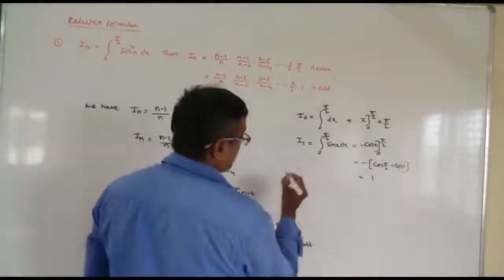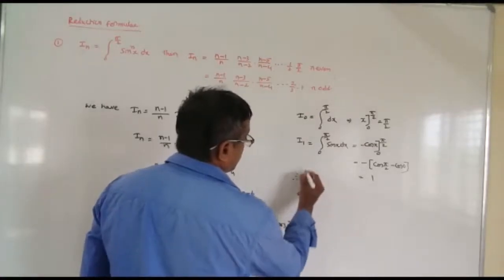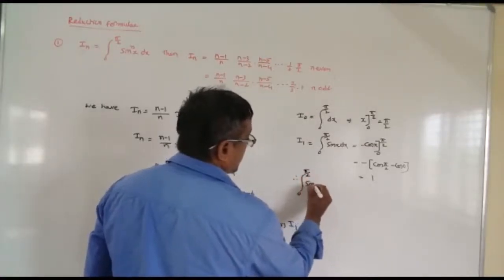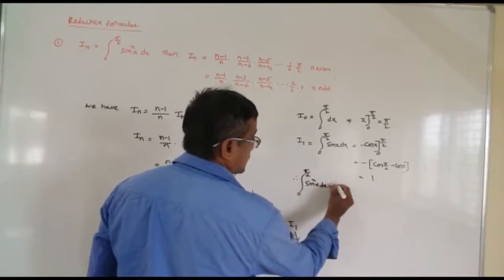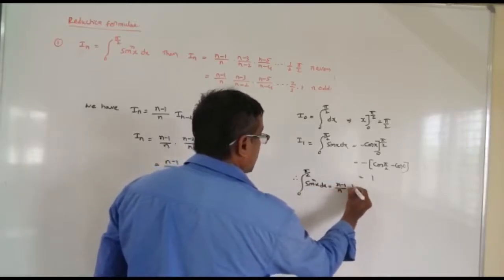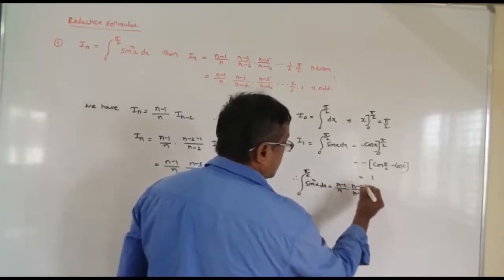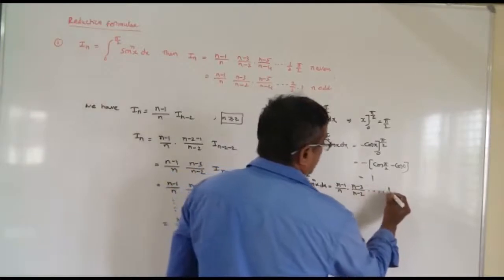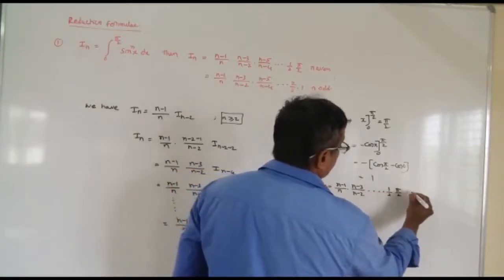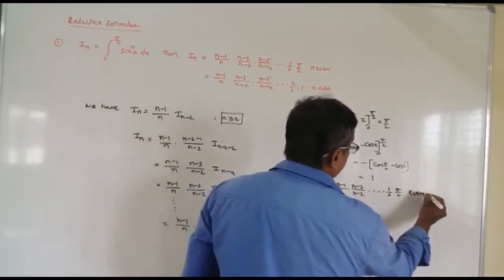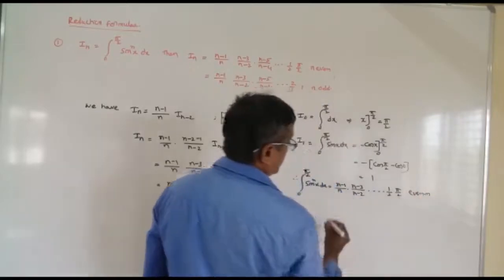So therefore, integral 0 to pi by 2 sin power nx dx is equal to n minus 1 by n, n minus 3 by n minus 2, and so on, 1 by 2 into pi by 2 when n is even.